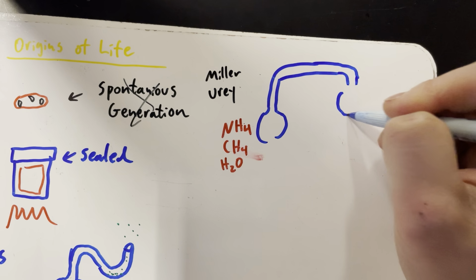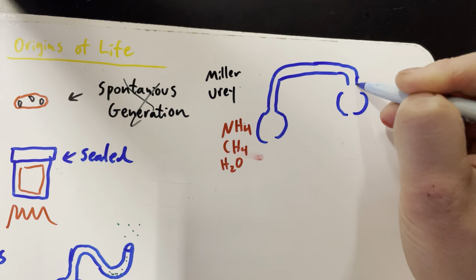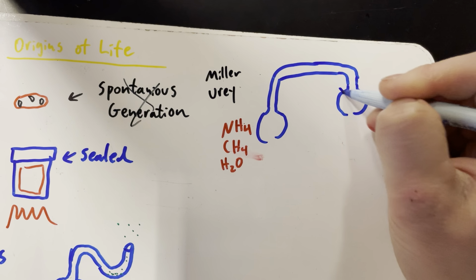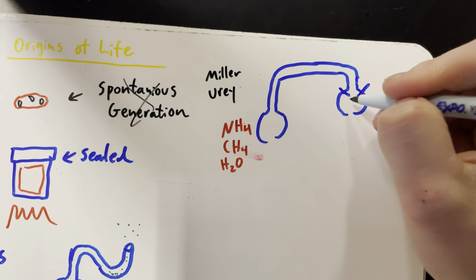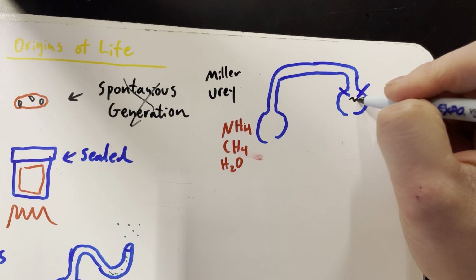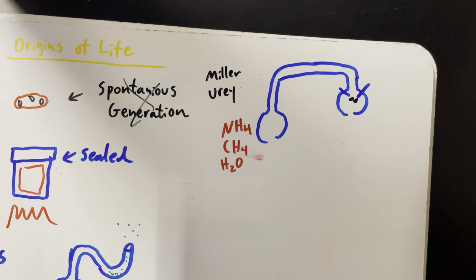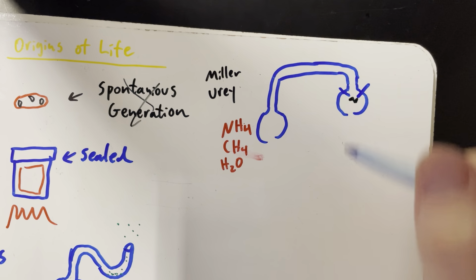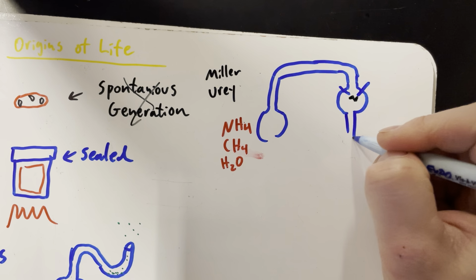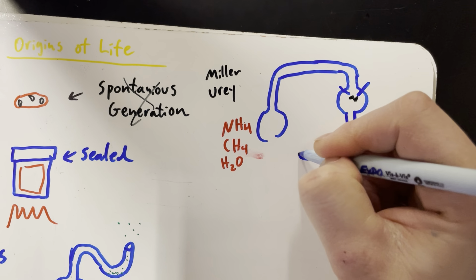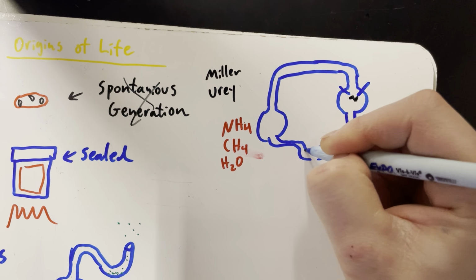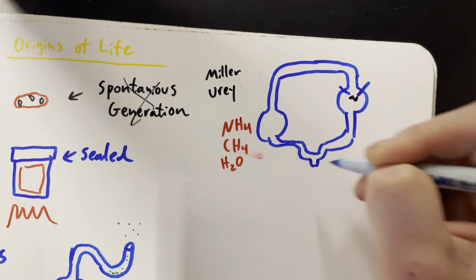And in this other chamber, they electrified it. So they had this electrode that gives a little spark between them. Something like this. Boom, boom, and there's a little spigot here.